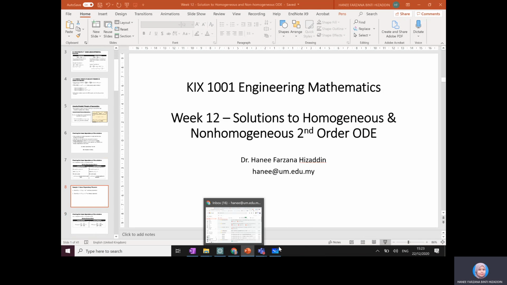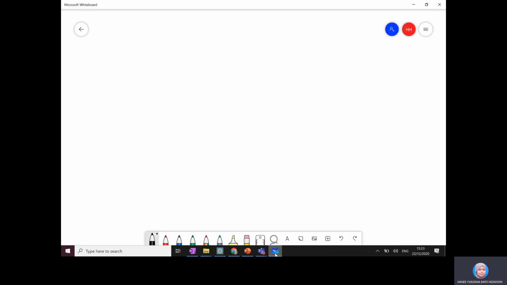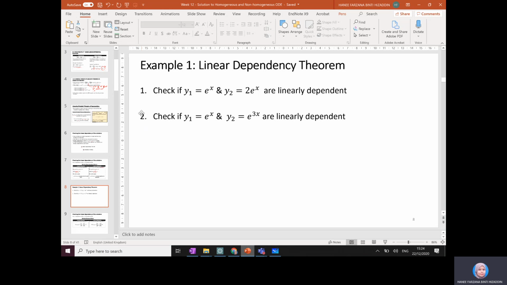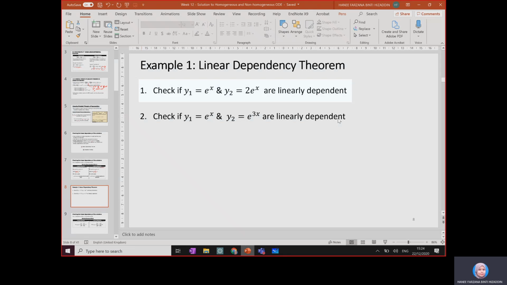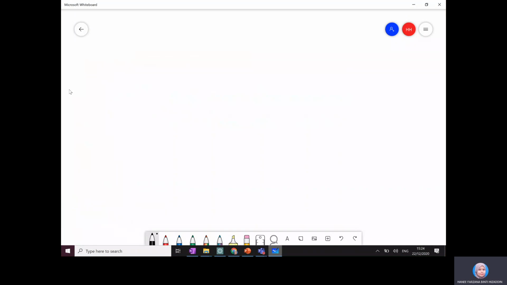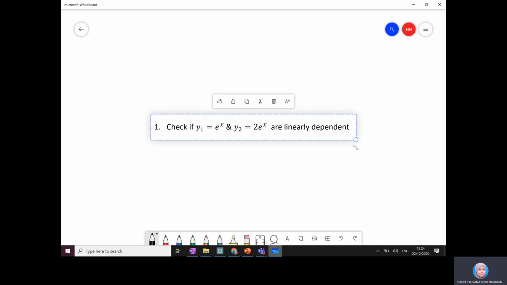So let's do that on the whiteboard. Okay, so check the linear dependency of the given solutions. Let me just copy this and put it here. Make it bigger.